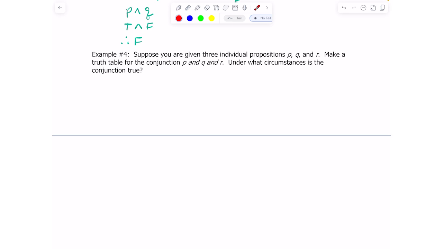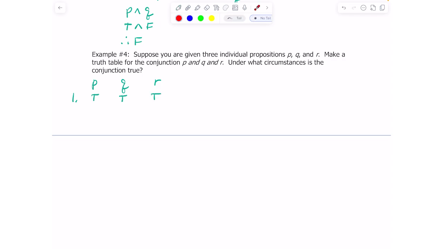But now you have three statements, right? So I need to think about the combination of all three statements. So I'm going to make a little table, we call it a truth table, to kind of lay out what all of those statements would look like. So there's this first case where all three statements can be true, okay? But then I know all statements could be false also. And then a mixture.